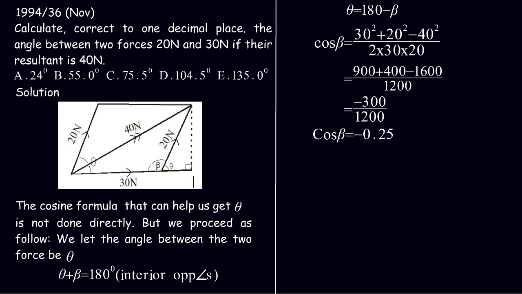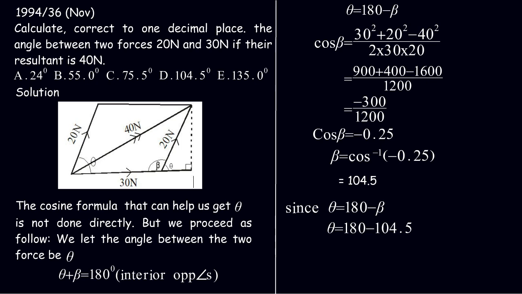So therefore cos beta will be equal to minus 0.25 and beta will be equal to arc cos minus 0.25, which will be equal to 104.5. Now since theta is equal to 180 minus beta, theta will be equal to 180 minus 104.5, and theta will therefore be equal to 75.5 degrees, and the correct option is C.